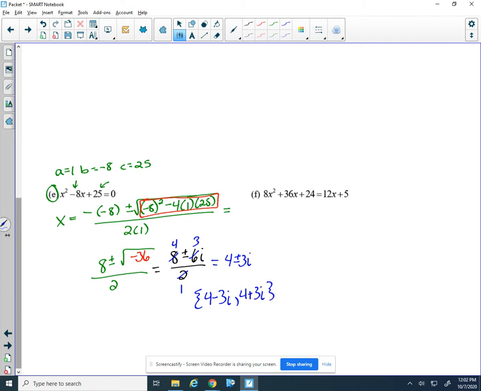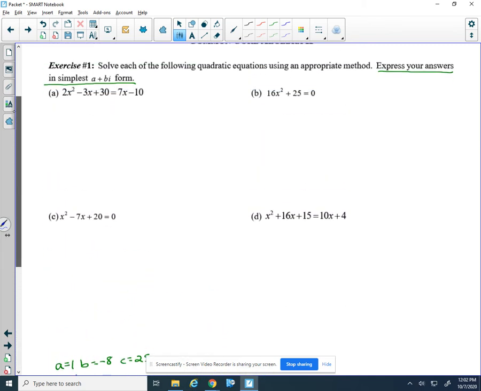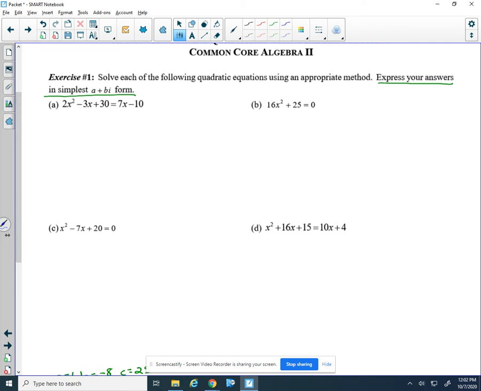So the next one I want to look at is back up the page, letter B. We have 16x squared plus 25 equals 0. Now, I noticed on this one that I could use the quadratic formula because I always can, but incomplete quadratics are going to be easier.